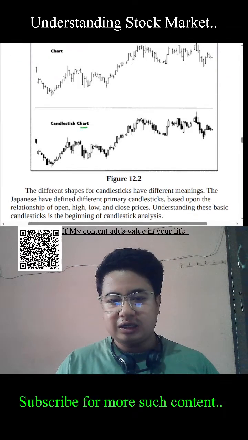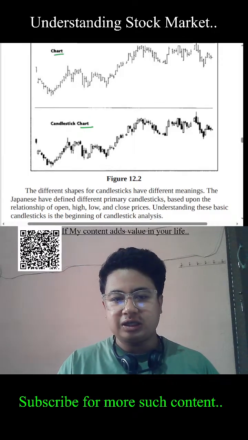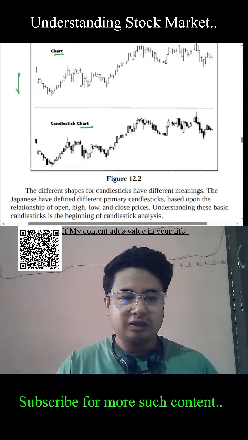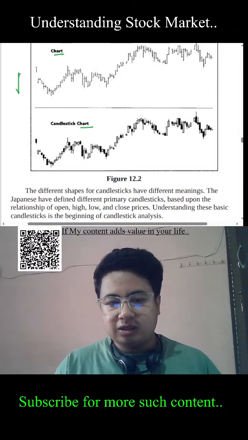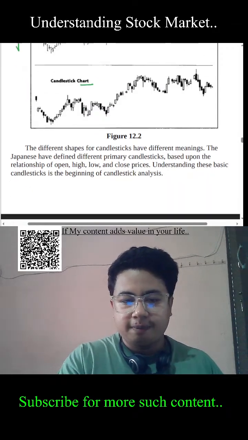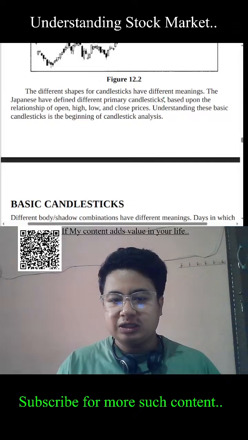That's how they are representing it in a candlestick chart, and this is the normal bar chart. In the bar chart they show the opening and closing price in this manner. We have already covered this in the previous chapters. Now, in candlesticks, the white one and the red or black one is used. Now, different shapes of candlesticks have different meanings.